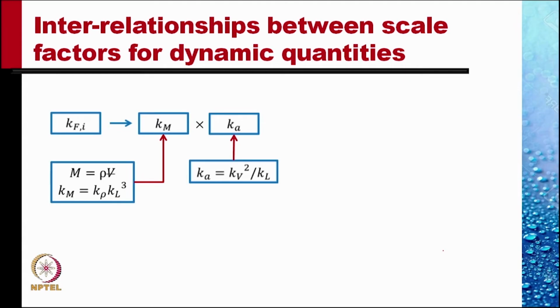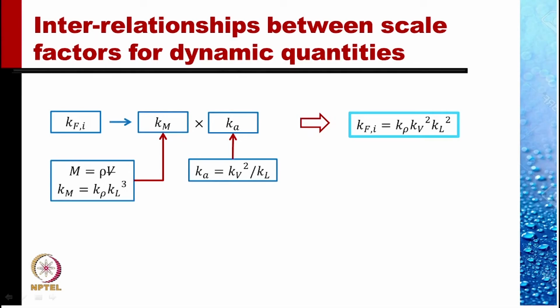Recall from Euler acceleration formula, the convective acceleration was v dv by ds. v scaled by Kv, dv by ds is scaled by Kv divided by Kl. So that K acceleration becomes Kv square divided by Kl.